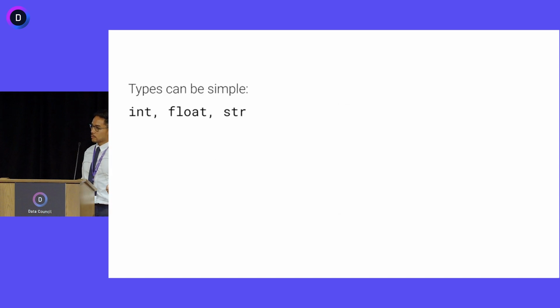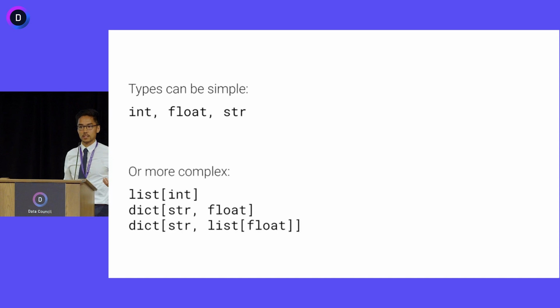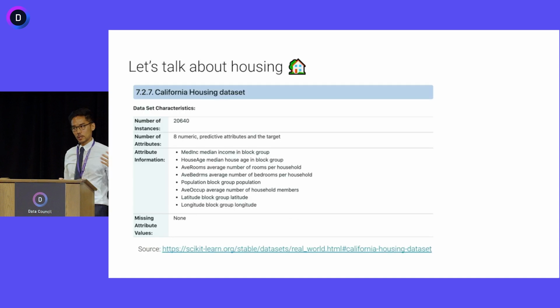So types can be simple: ints, strings, floats, things you're probably all familiar with. They can be more complex, like lists of ints, dictionaries mapping strings to floats, dictionaries mapping strings to lists of floats, etc. And so to give you a more real world but still kind of toy example, let's look at housing. This is the California housing dataset. You can access it on sklearn.